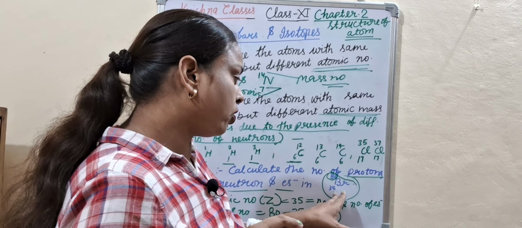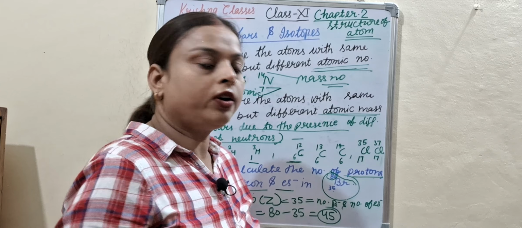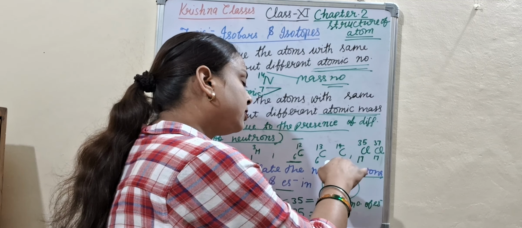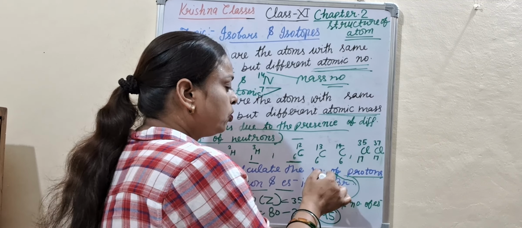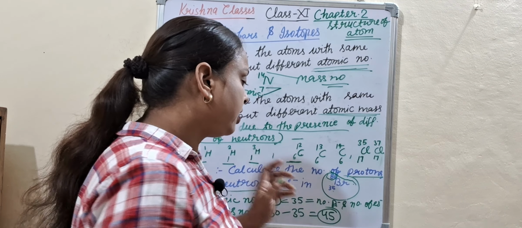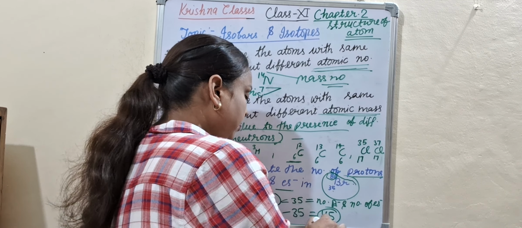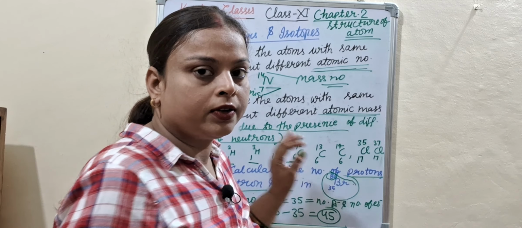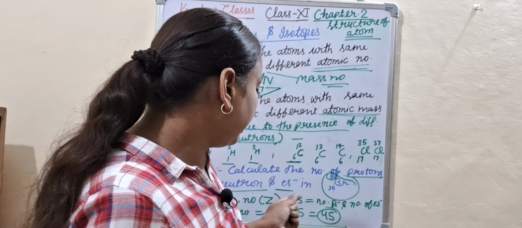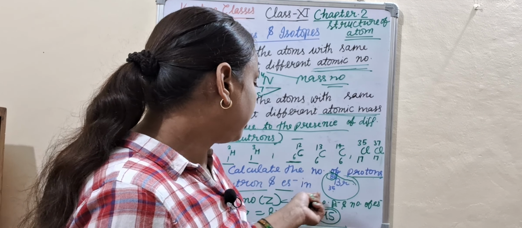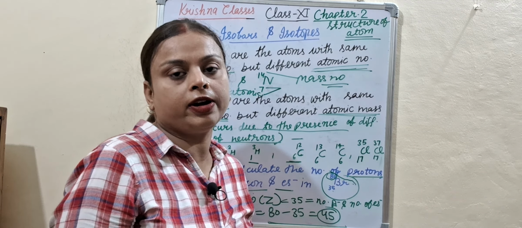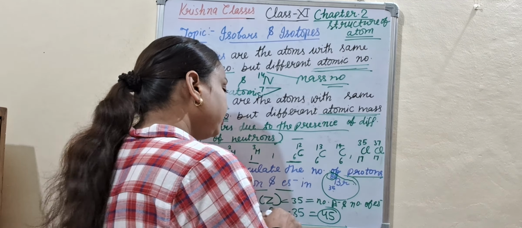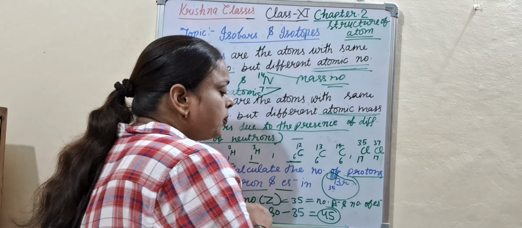So the mass number is 80, and subtracting 35 from 80 gives 45. So this is the number of neutrons.